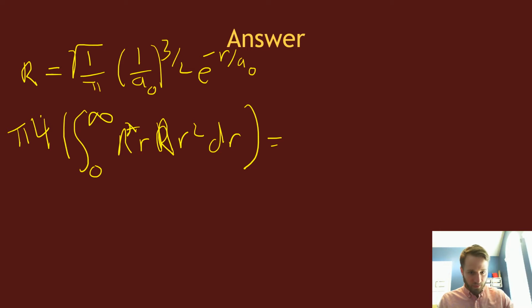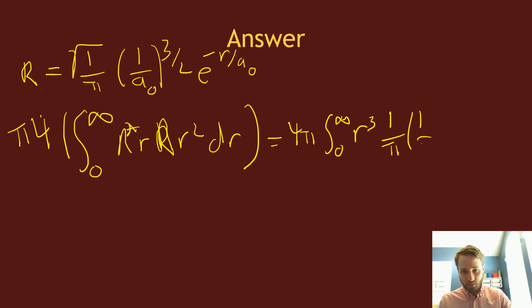So this then is equal to 4 pi times the integral from 0 to infinity of, plugging in for what R is here, an r cubed hanging out in front, and then 1 over pi times 1 over a naught cubed times e to the minus 2r over a naught, and then dr. Again, r cubed here because we just got r squared times r, and we get pi because we have the square root of pi squared.